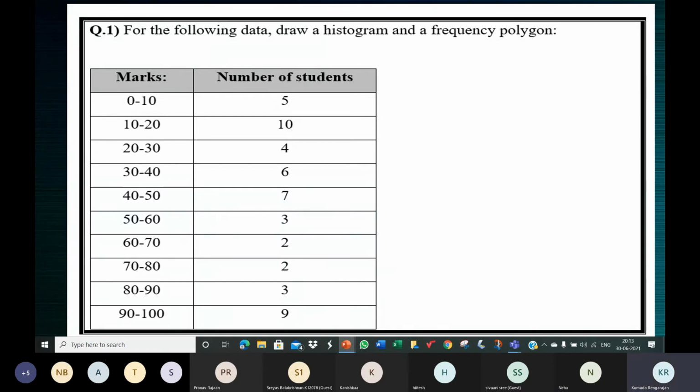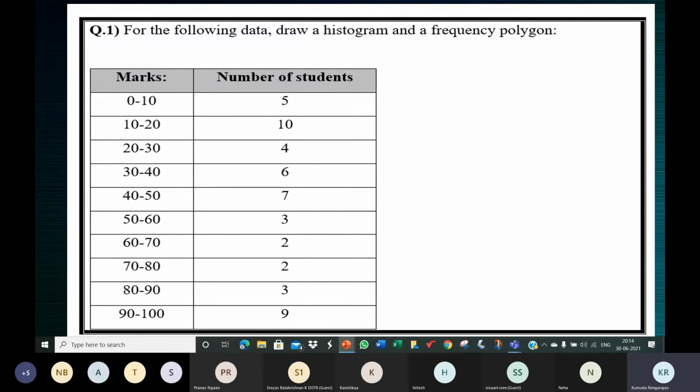So we're going to see another graphical method of representing a grouped frequency distribution, which means a grouped frequency distribution can be graphically represented in two ways: histogram and frequency polygon.